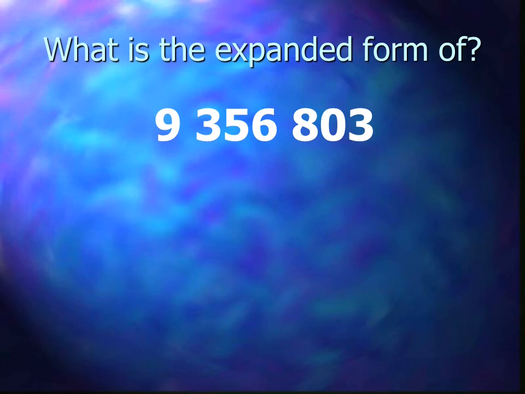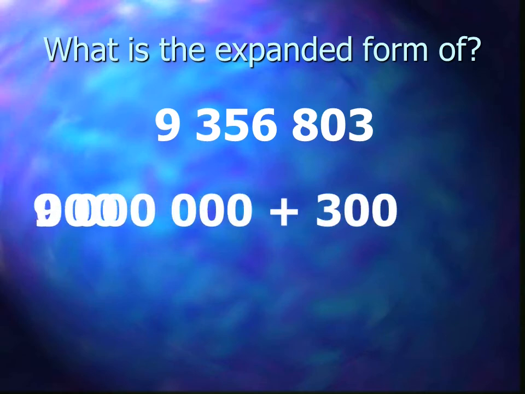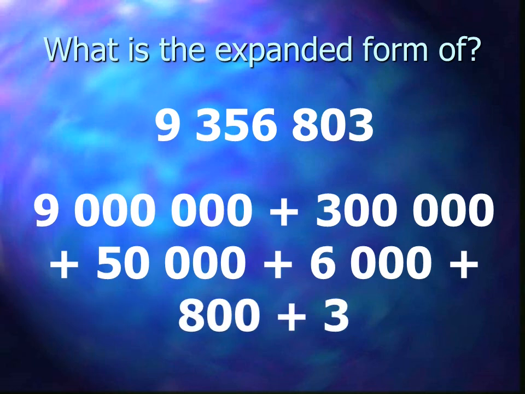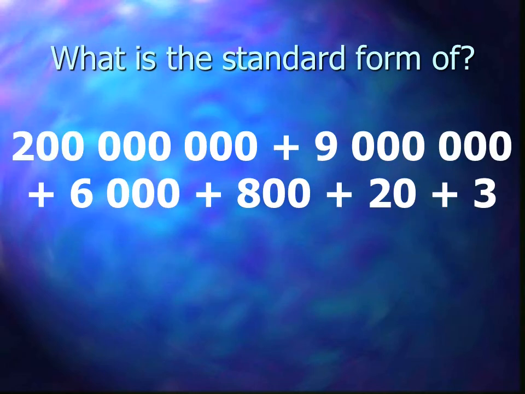What is the expanded form of this number? To write the expanded form, we look at each place value and decide how much it is actually worth. In this case, it is 9 million plus 300,000 plus 50,000 plus 6,000 plus 800 plus 3. What is the standard form of this number?